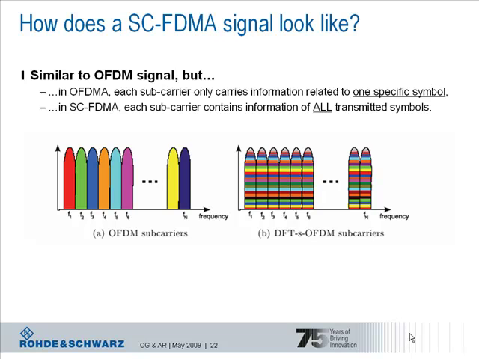In single carrier FDMA, each subcarrier now contains information of all transmitted symbols. You can see on the right-hand side in the graph that each of the different subcarriers now carries a little bit of red, green, blue, orange, and so on. This means that with performing a DFT precoding, we shift around the problem of high amplitudes due to subcarriers in phase.